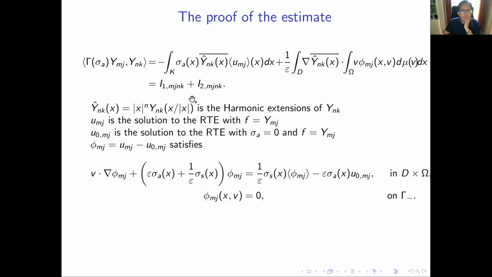So the first term is relatively easy. In the sense, it's totally due to the harmonic. You know everything about the harmonic extension of the spherical harmonics. So it's going like this. And that's where the R to the R0 to the L's power comes.